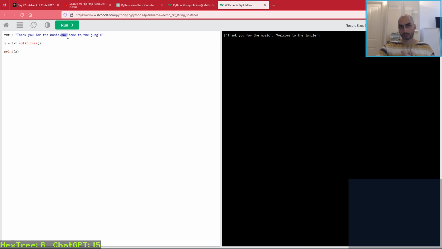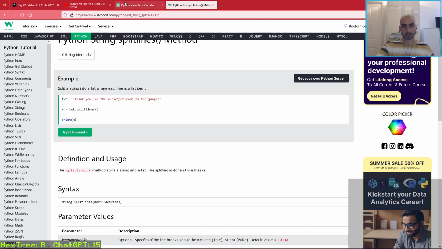Oh, okay, fine. It's just shorthand for dot split, where the newline character is the parameter to split on. I'll try and use it in the future.